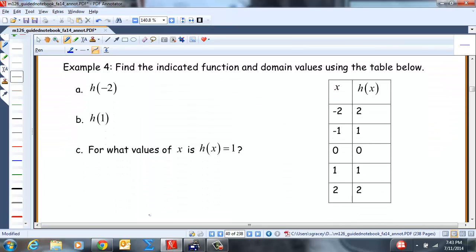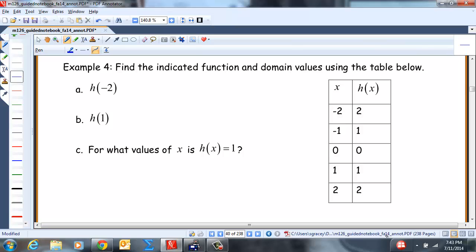Okay, so here we go. Find the indicated function and domain values using the table below. So here we go. The function value h evaluated at negative 2. In this table, the second column are the y values, the function values, and in the first column are the input values or domain values.